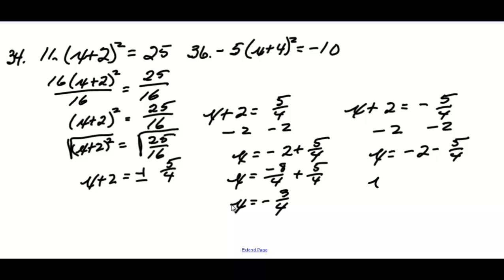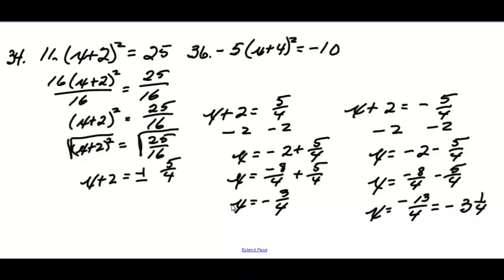Again, our common denominator being 4, we'll get negative 8 over 4 minus 5 over 4. Got nothing but negatives here, so when we combine that, we get x equals negative 13 over 4, or x equals negative 3 1/4. Okay? So we've solved problem number 34.